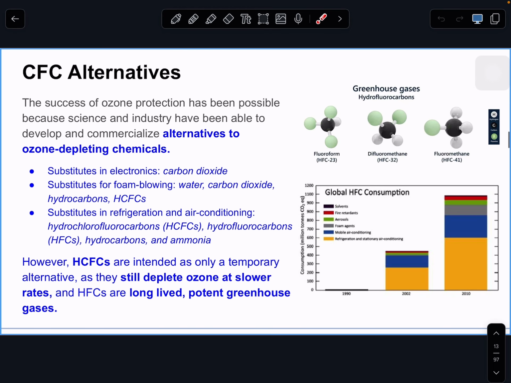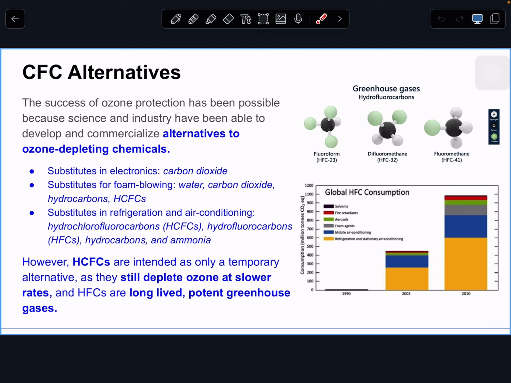The alternatives that we have to CFCs are HCFCs, which are called hydrochlorofluorocarbons. They are replacing chlorofluorocarbons in electronics. They're substituted for foam, for cooling, and they're substitutes in refrigerants.